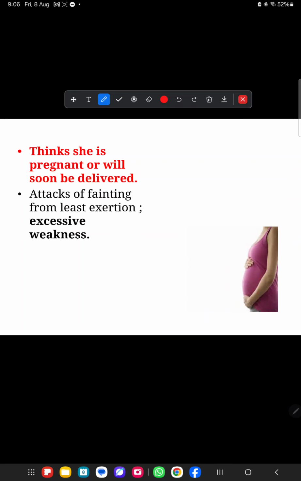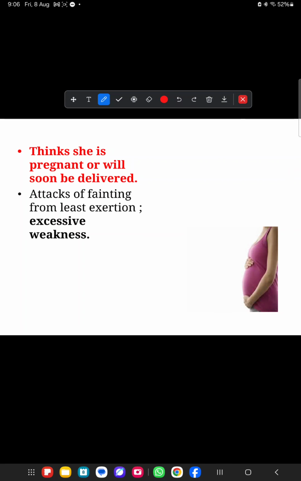False pregnancy. Okay. And attacks of fainting from the least exertion and excessive weakness. Why is the patient having so much fainting? Because I have already said, if the patient is having severe cholera, there will be vomiting and diarrhea, and that will lead to severe dehydration. Severe dehydration will lead to weakness of the whole body, and because of weakness the patient may faint.